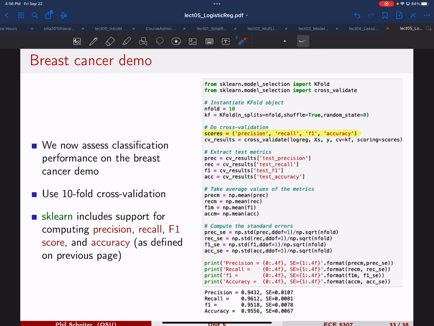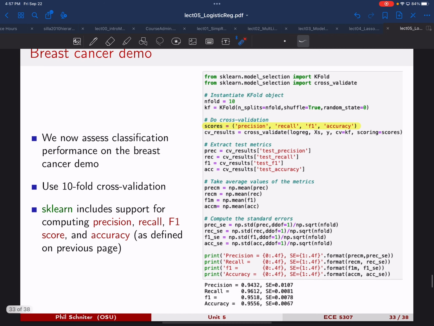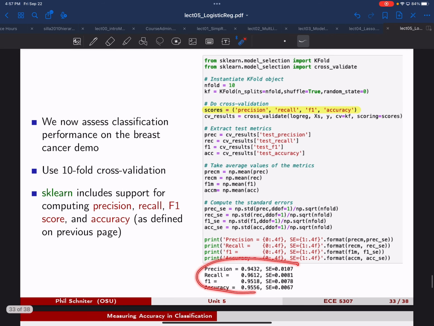And then you can extract the results, compute means over the different folds. And just as an example in this breast cancer demo, we have precision, recall, F1, accuracy. They're all in the 90s. And here we even have the standard errors, which we can compute looking across the K different folds, K-fold cross-validation. So the point is it's pretty straightforward to do all this in scikit-learn with those 4 scores.